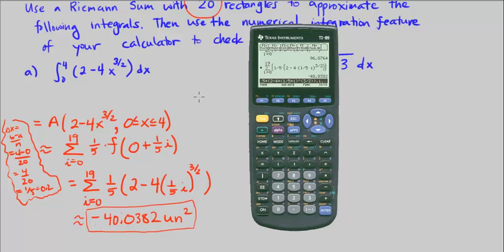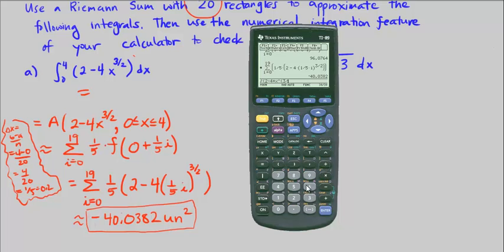So let's go ahead and use our calculator to get the exact area. If we were to plug this in our calculator, how close are we? If we push F3 again, this time let's go to integrate. And let's put in the expression 2 minus 4 times x to the power of 3 over 2.